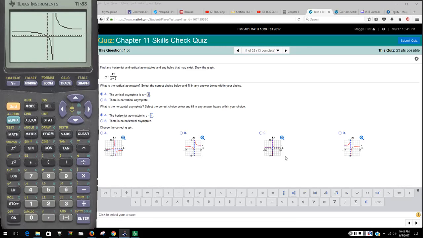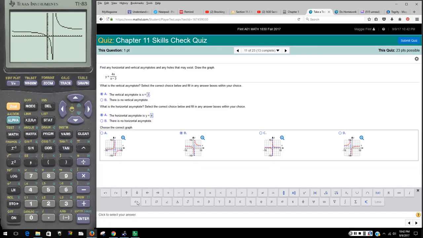And on the same window that they have, we know it's not this one because the asymptote's on the wrong side of the y-axis. We know it's not this one because that asymptote is right at the y-axis. So it's not this one because your horizontal asymptote is not a negative y equals. So B is the correct graph.